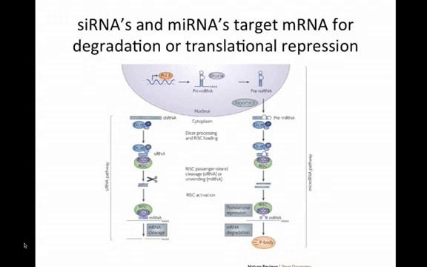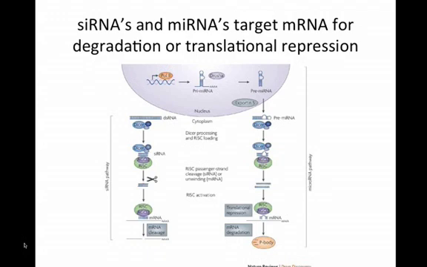I don't know if this looks very nice, but this is how it works, right? You'll have transcription of your microRNA by Pol II, and it makes this hairpin structure. Then you get processing of that structure into a pre-microRNA, and it's exported out of the nucleus.